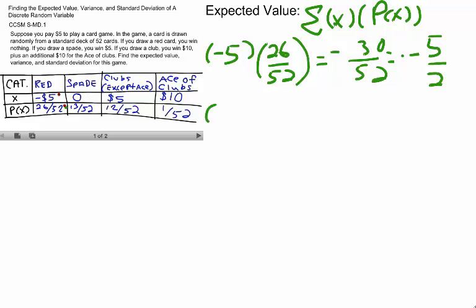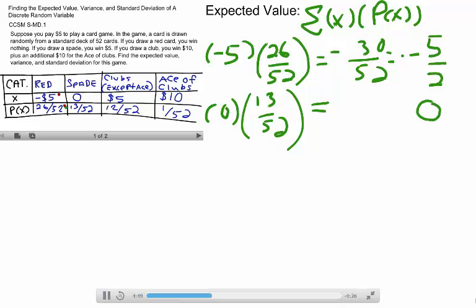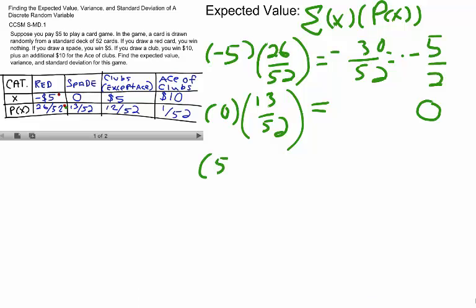Next, we take 0 times 13/52, multiplying the x times p of x for spades. And of course, this gives us 0. Then we have 5 times 12/52.